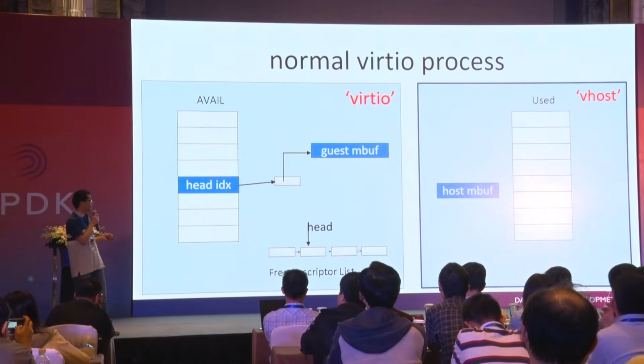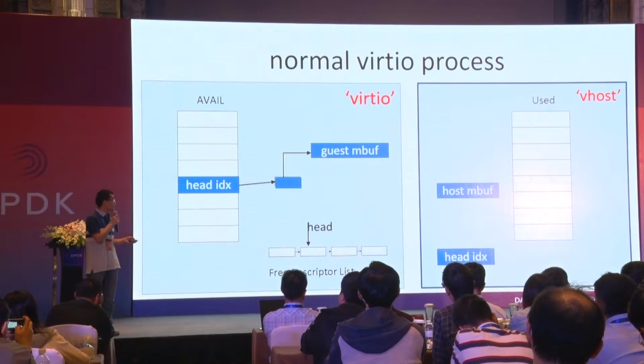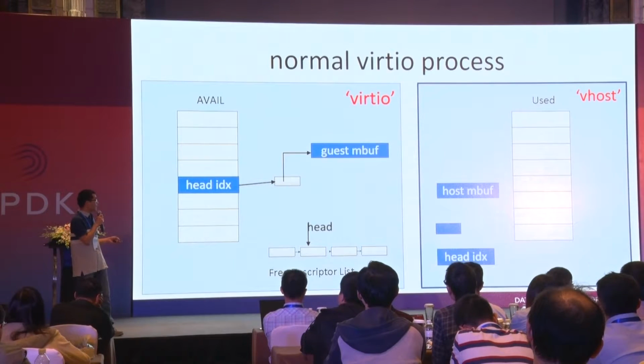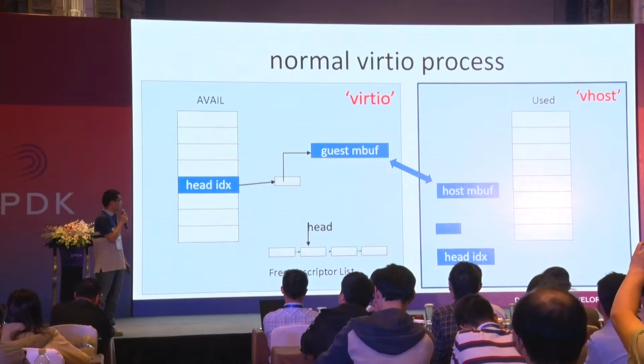After notification, the Vhost needs to take the content of the available ring and then use the index to read the descriptor from there, and read the address info and translate the address, and then have data exchange between guest buffer and host buffer.